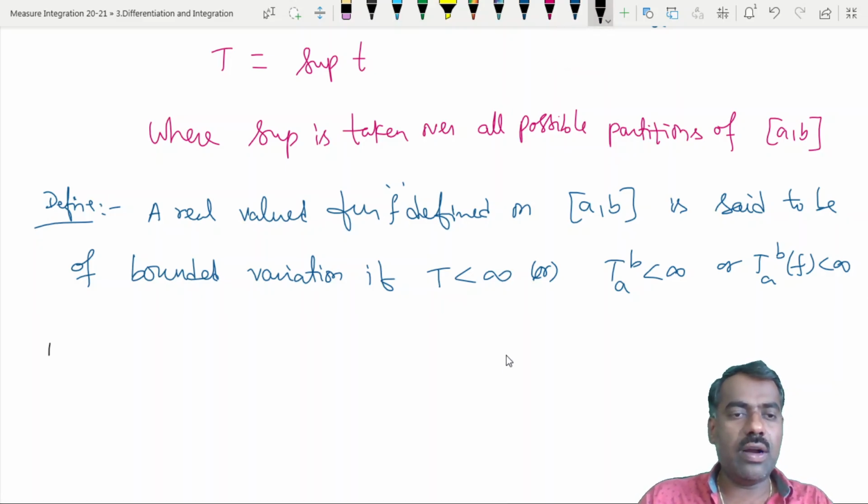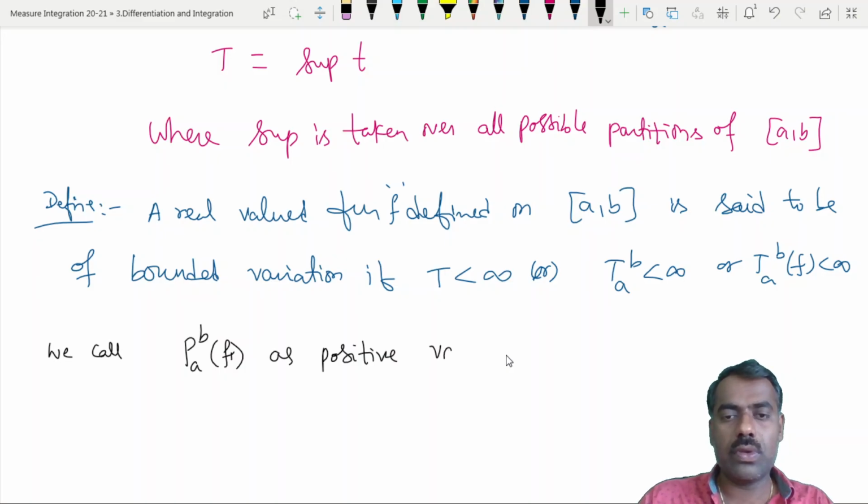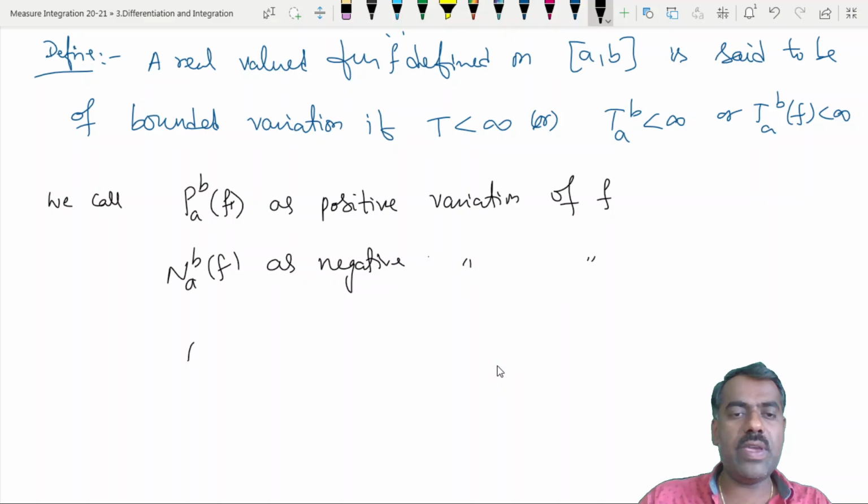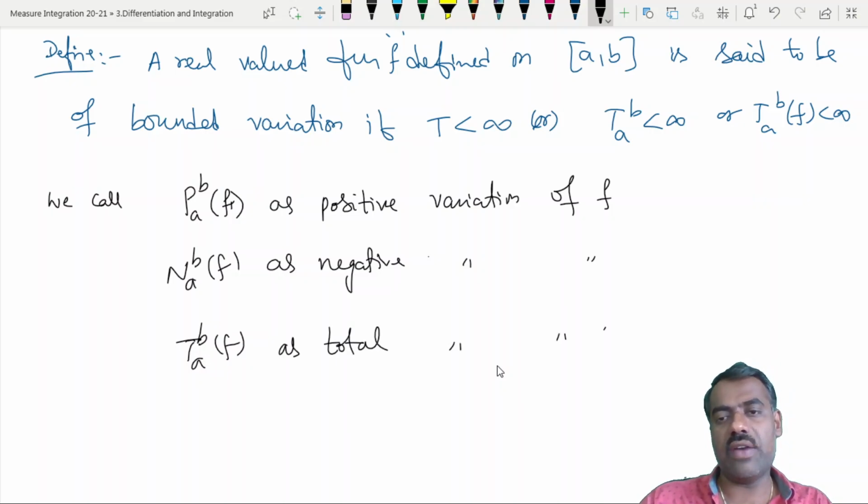So we call this PAB of f the positive variation of f, and this NAB of f the negative variation of f, and this TAB of f we'll call the total variation of f, right?